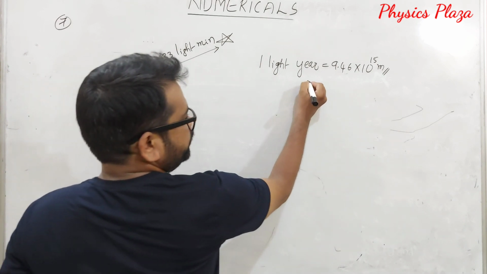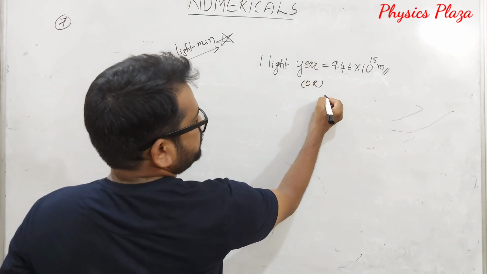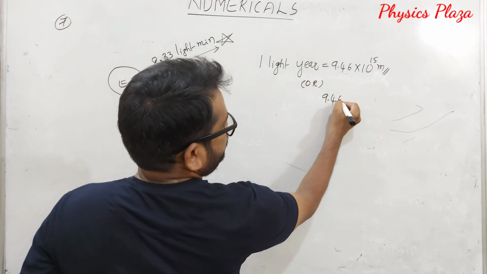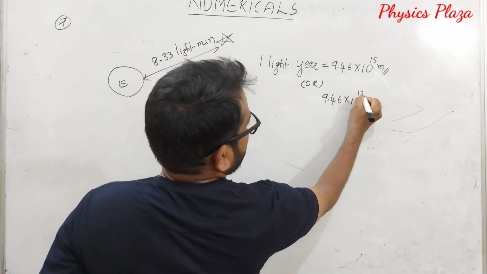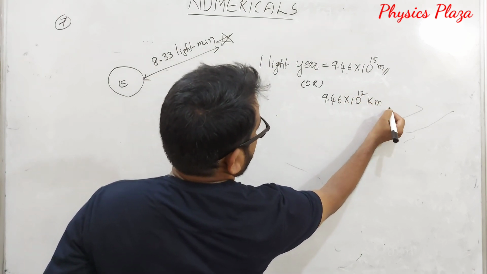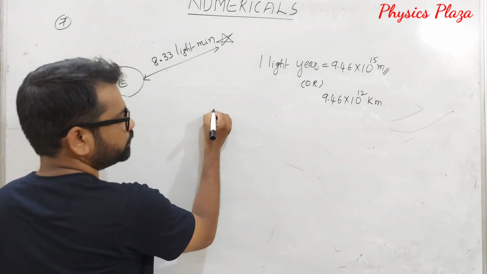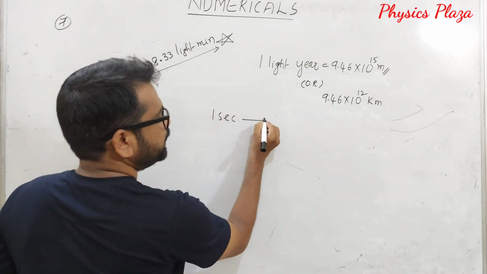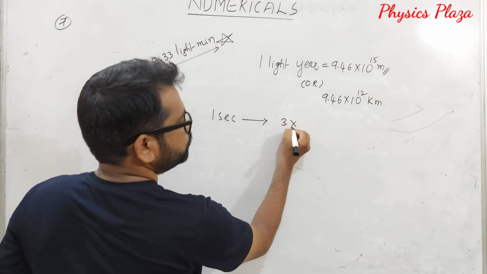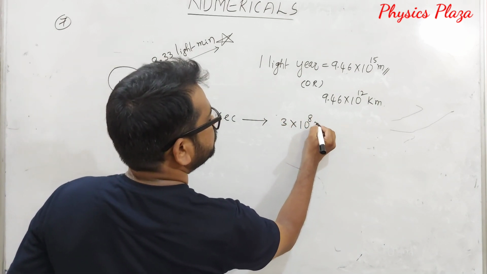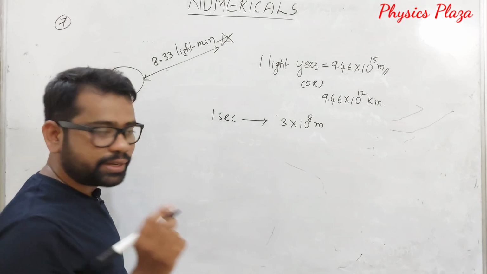You can also express it in kilometers, that is 9.46 into 10 to the power of 12 kilometers. Now, we know that in 1 second, light can travel 3 into 10 to the power of 8 meters.